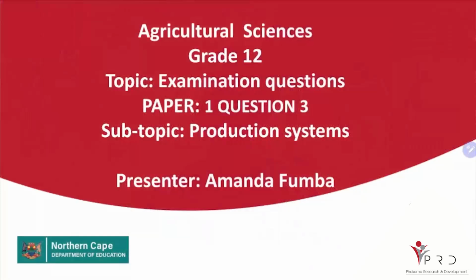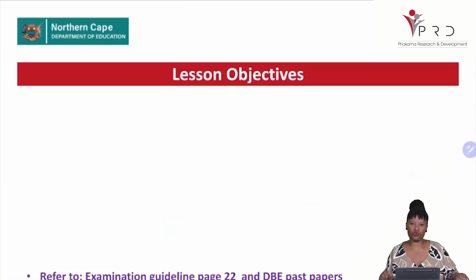We will be looking at production systems together with farming systems. So we'll need to use our examination guidelines, as they stipulate and state what we need to do. We are using our examination guidelines of 2021, on page 22.